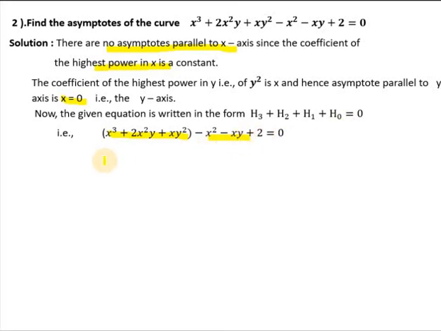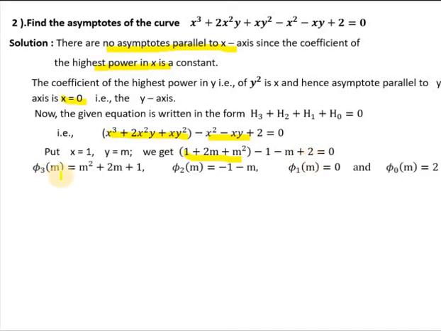Now put x is equal to 1 and y is equal to m in this equation. So we get 1 plus 2m plus m square minus 1 minus m plus 2 is equal to 0. Here phi 3 of m is m square plus 2m plus 1, phi 2 of m is minus 1 minus m, phi 1 of m is 0, and phi 0 of m is 2. Now if we equate phi 3 of m to 0, we can find the slopes of the asymptotes.